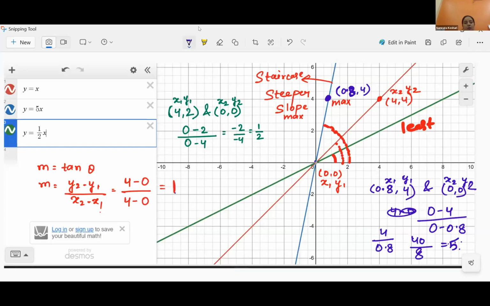If you are done, Mariam, and whoever is copying, please let me know. Okay, we will see how to find the angle between two lines.